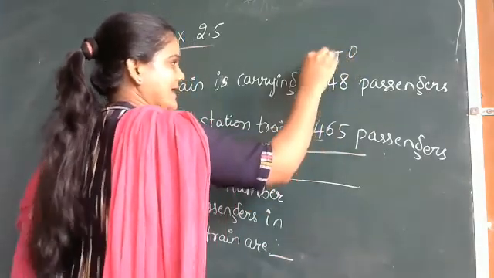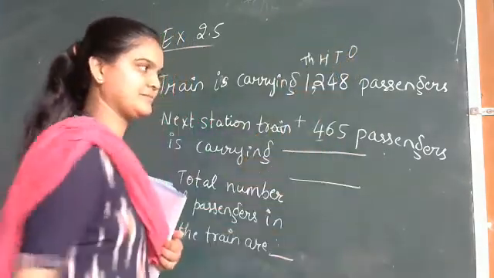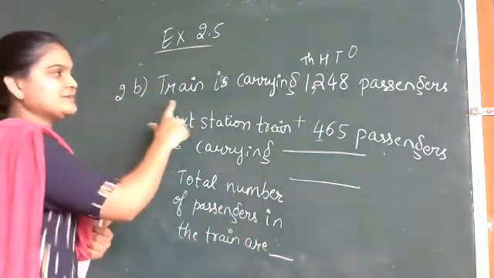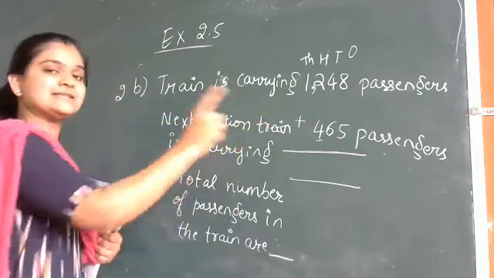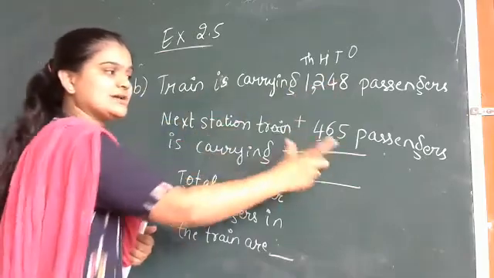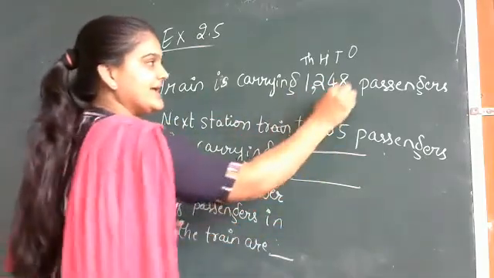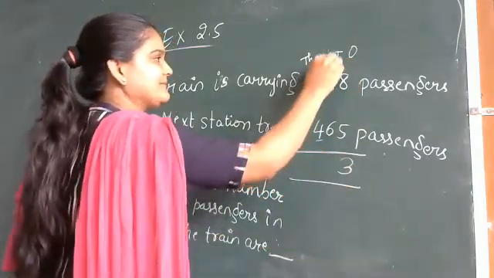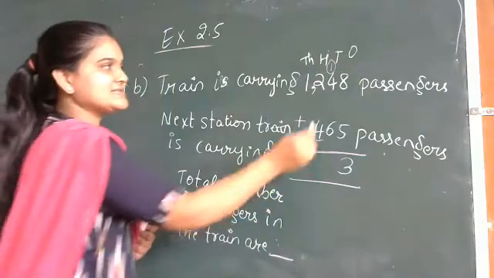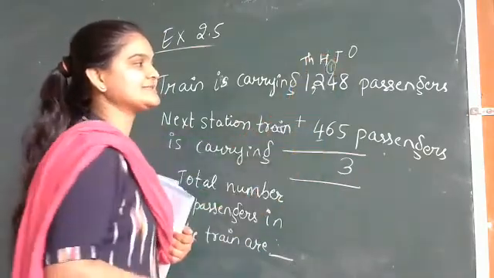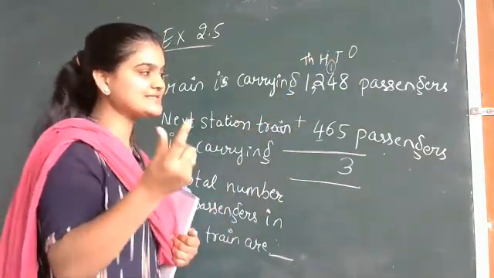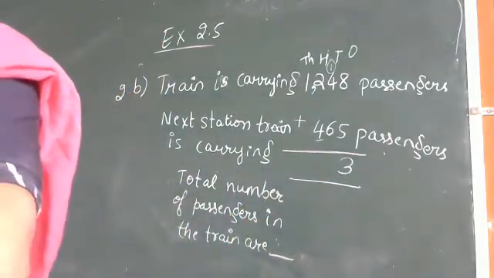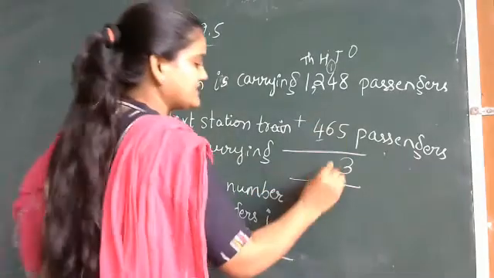Yes, but remember children, for the word problems you will have to write in sentences and also do the addition. Okay, 8 ones plus 5 ones is 13 ones. Next, 4 tens plus 1 ten is 5 tens, plus 6 tens is how many? 11 tens.